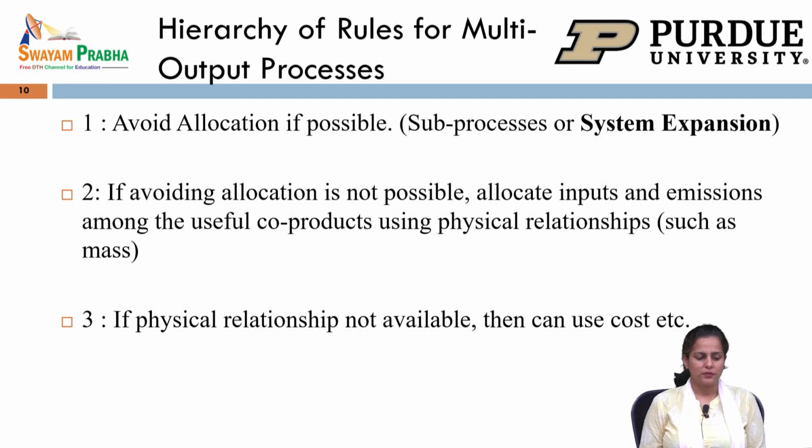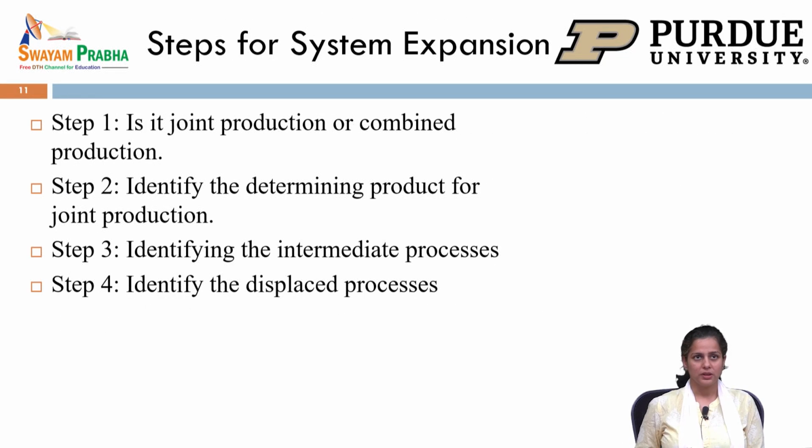So far we have seen how to allocate in case avoiding allocation is not possible. But in cases where avoiding allocation is possible by system expansion, we will now go through the details of how system expansion is taken care of. When we are thinking about system expansion, essentially we are trying to avoid allocation by crediting the product for displacement of processes somewhere else.